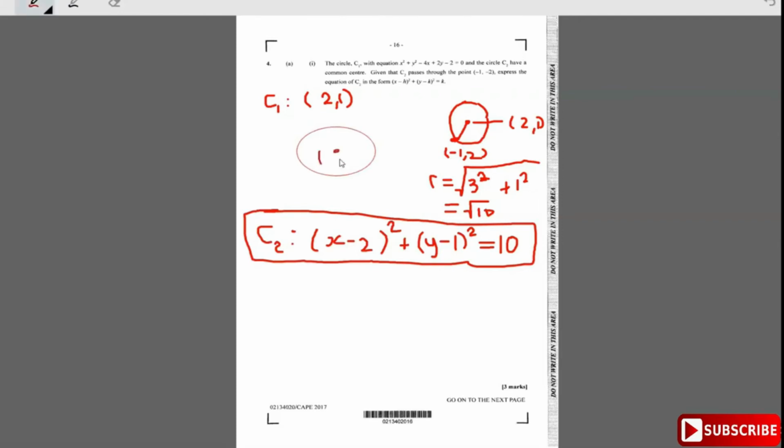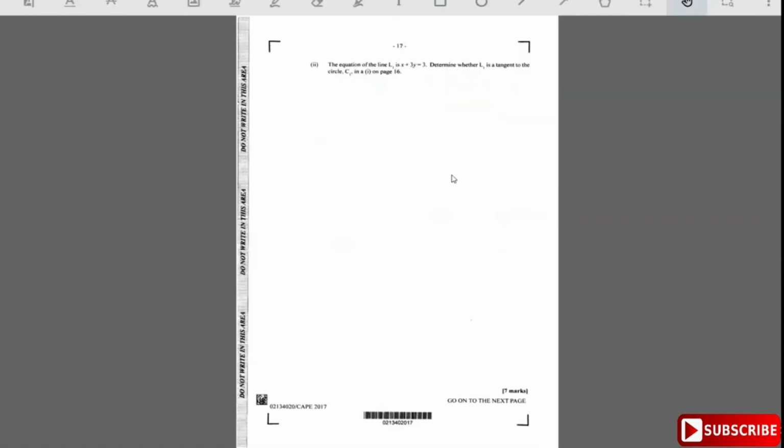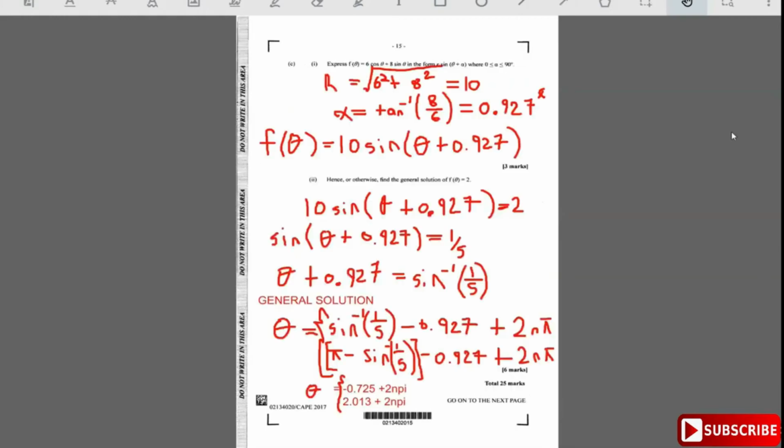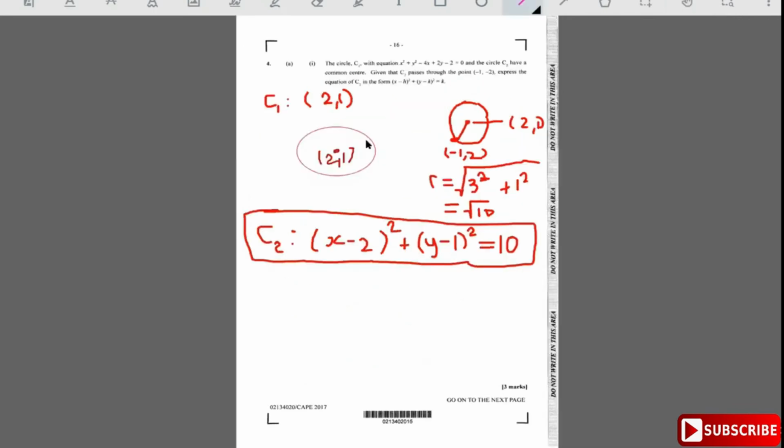And if L1 is a tangent to C1, that means it only touches the circle at 1 point.